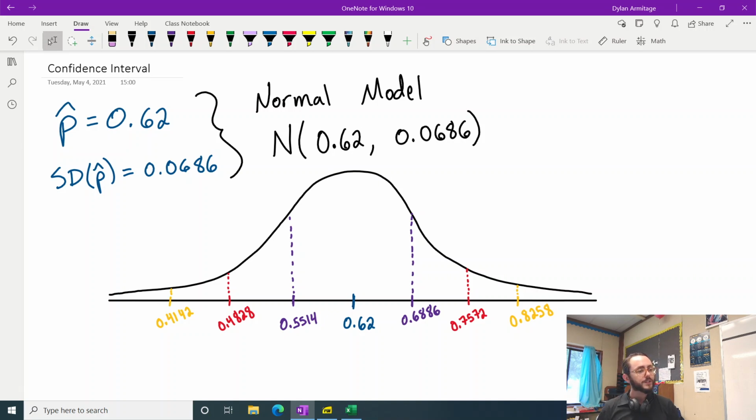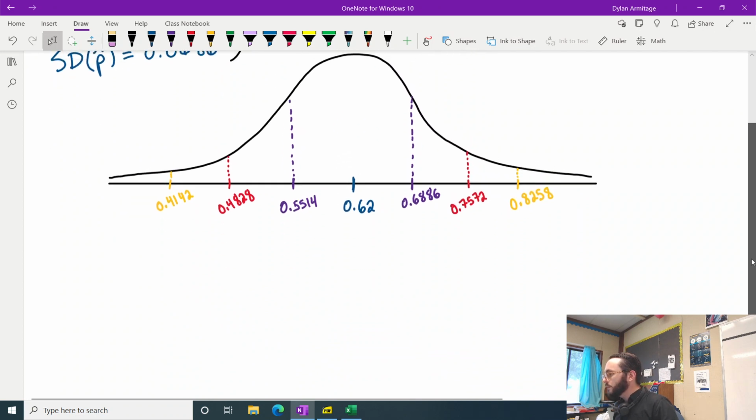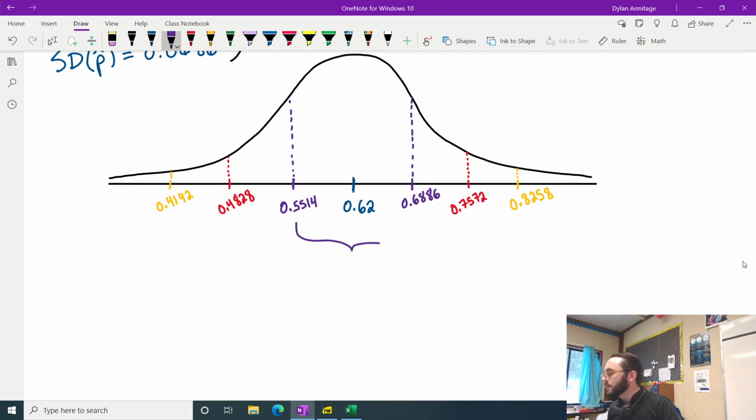But in this situation here, remember what the percentages are for the normal model. Within one standard deviation, so from here to here, we would expect about 68% of our data to be between those two numbers.